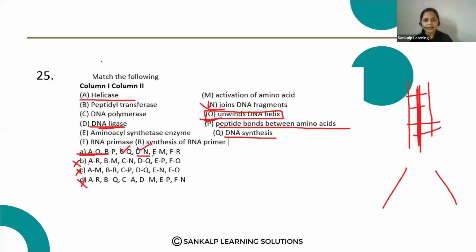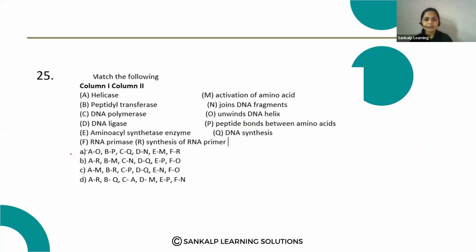Yes, that is correct. Then aminoacyl synthetase enzyme is the activation of the amino acid, so option A is correct. Then RNA primase is the synthesis of the RNA primer. So that is option A, the correct answer.